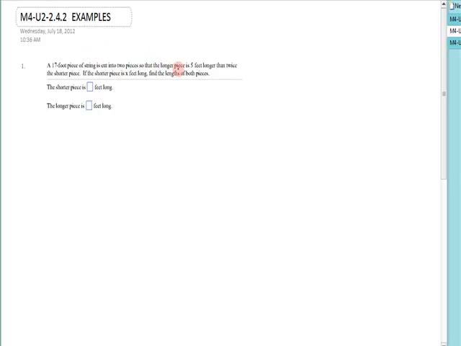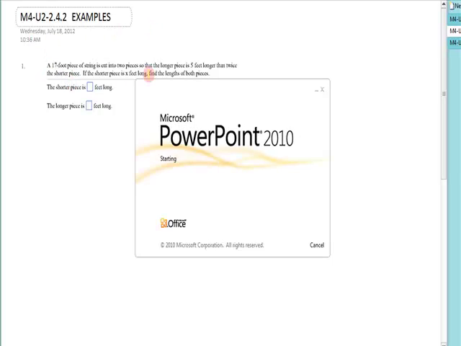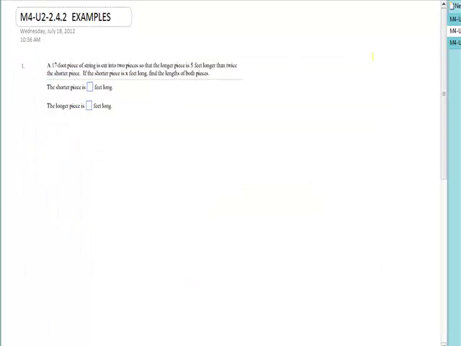The longer piece is 5 feet longer than twice the shorter piece. Even though they tell you to let the shorter piece be X, you could do that on your own because look at the comparison. They don't tell you anything about the shorter piece. So X is about that quantity that you know nothing about, so it's the short piece.